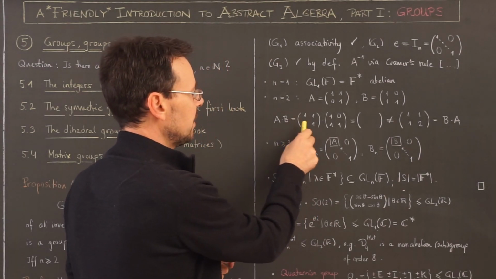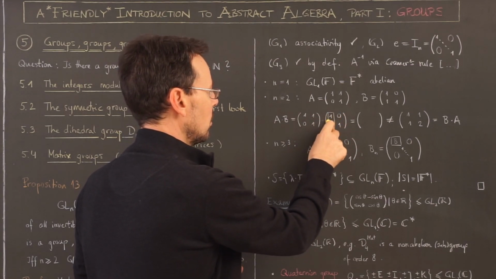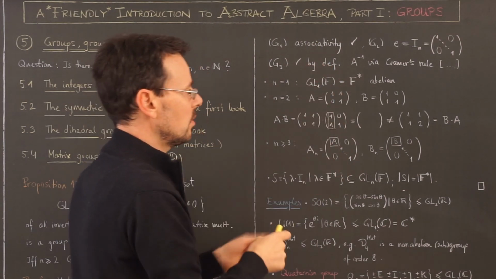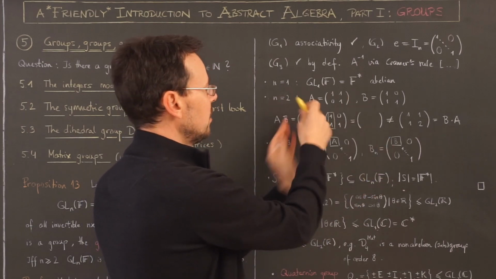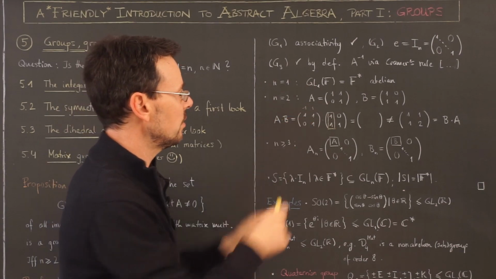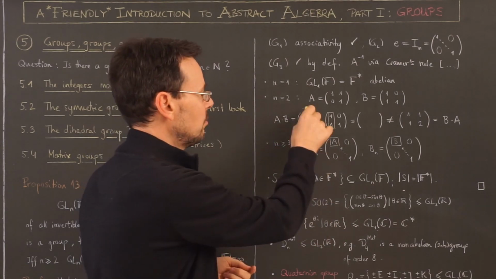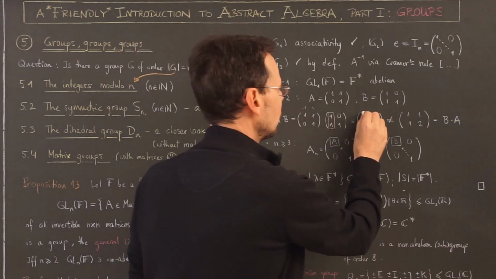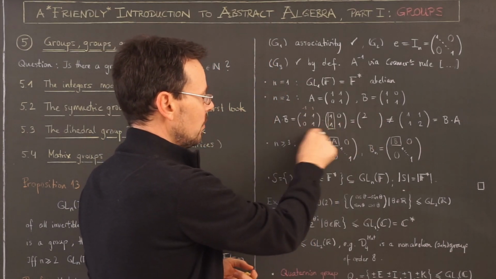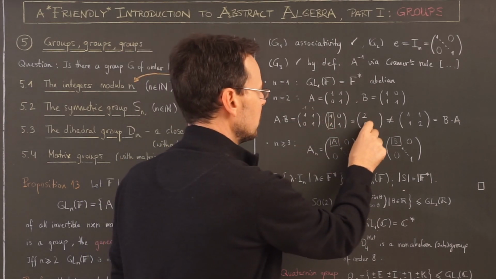To multiply these matrices in this order, you take the first column of the second matrix, you rotate it by 90 degrees, and you put it in your mind above this first row here, and then you multiply. 1 times 1 is 1 in any field, plus 1 times 1 is 2. Then for this entry you do the same with the second row here. 1 times 0 is 0, plus 1 times 1 is 1.